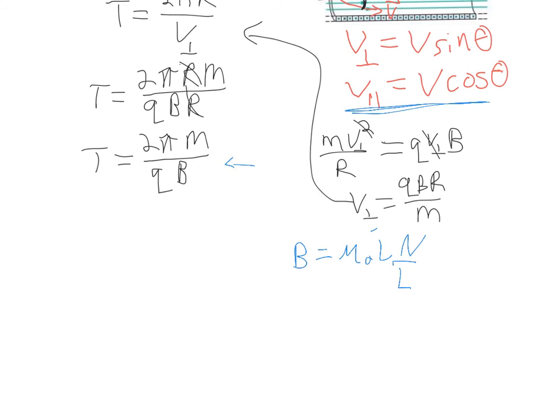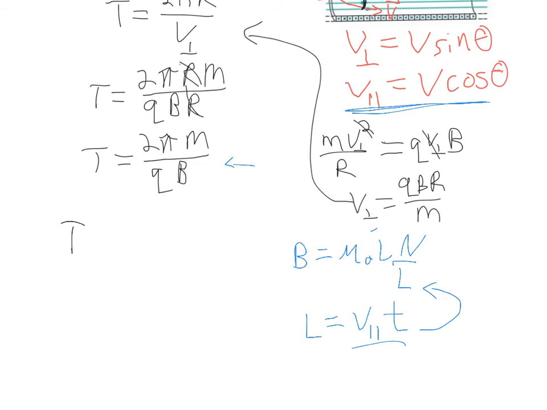So we can take the distance traveled. Since it's a constant velocity in the horizontal direction, distance is just equal to the parallel velocity multiplied by t, where t is the total time it takes. So the length is just equal to the parallel component of velocity multiplied by the time. We can plug that into our B equation and watch what happens. I'm going to do all this at once.